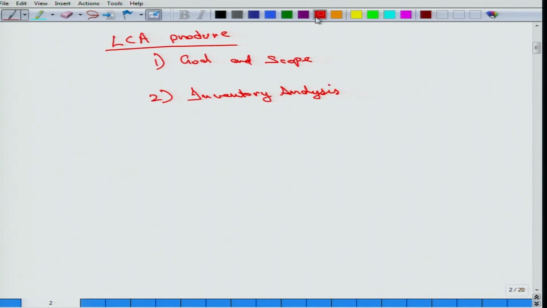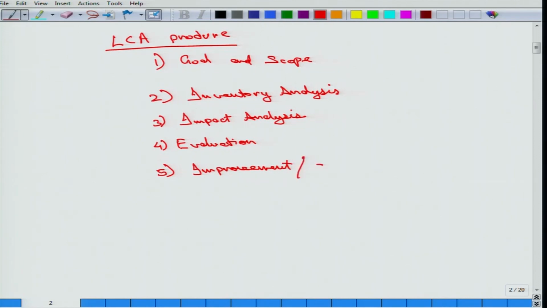Then we have impact analysis, right, during various stages of manufacturing. Then evaluation and improvement or implementation.